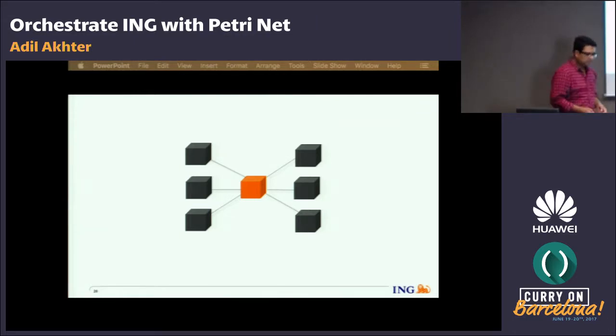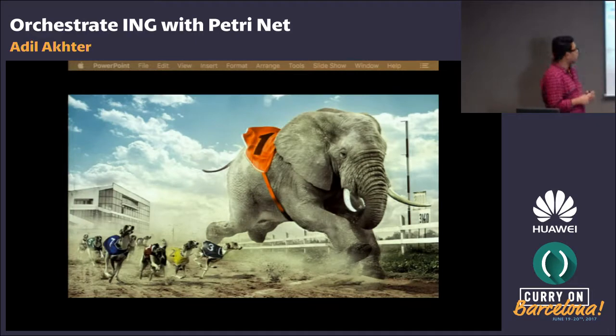The fast and dynamic composition of the services and proving that composition works is an essential requirement for us at ING to accelerate its time to market with a diverse set of products. So this is the problem that we'll be addressing in the rest of the talk.